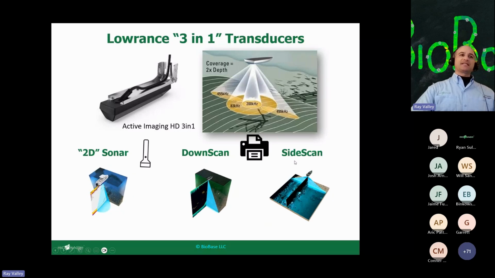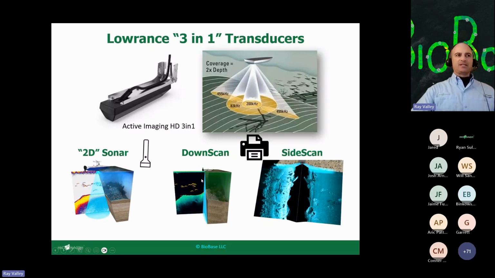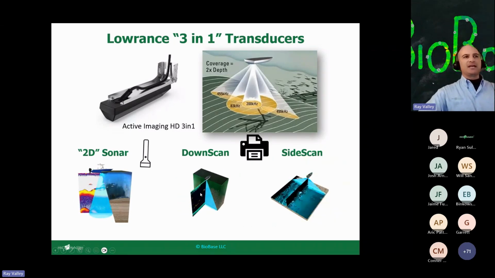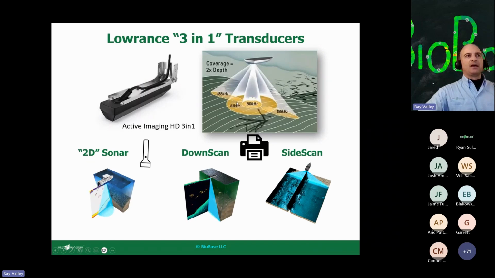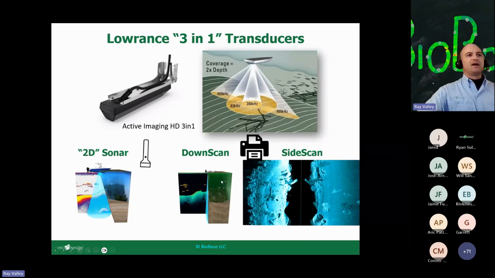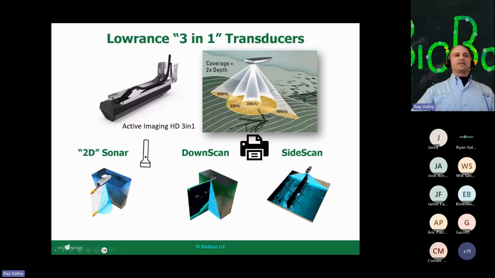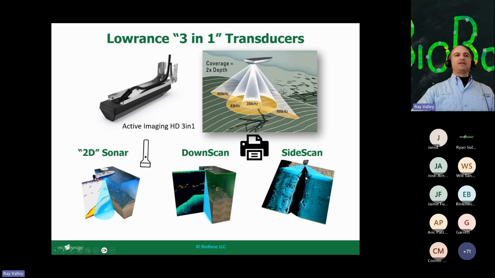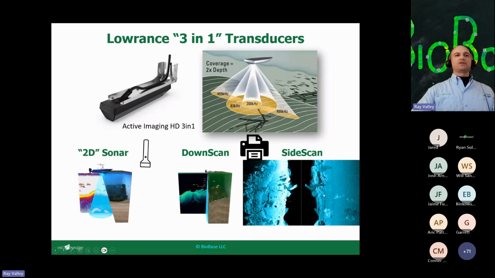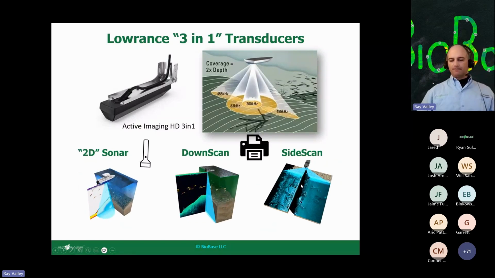Then there's downscan and side scan. I describe these as almost like a copy scanner, and you can see how thin this beam is. So you have downscan that's shooting straight. Actually, downscan is not really shown on here, but it's a slice of the scanning beam. So you have downscan, and the downscan is subtracted out of this image here of the side scan, and then you have side scan where it looks to the left and to the right of the boat, and then it maps the structure.